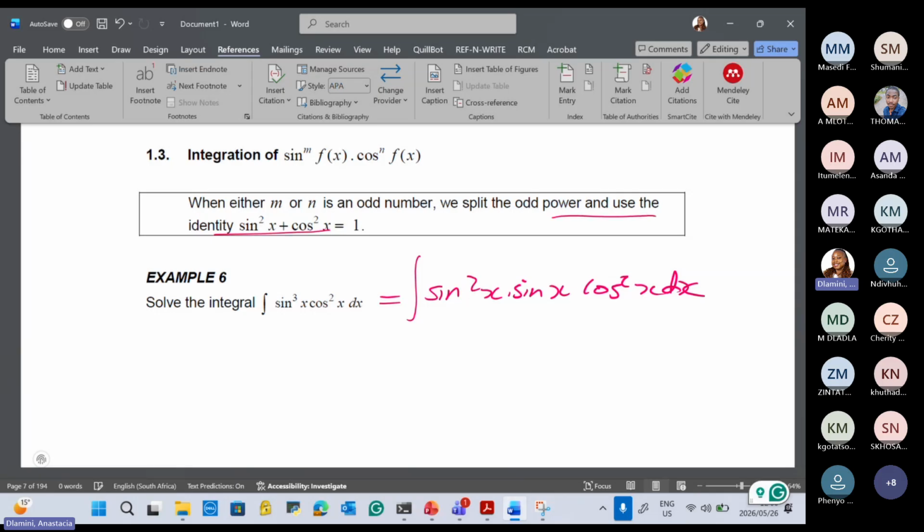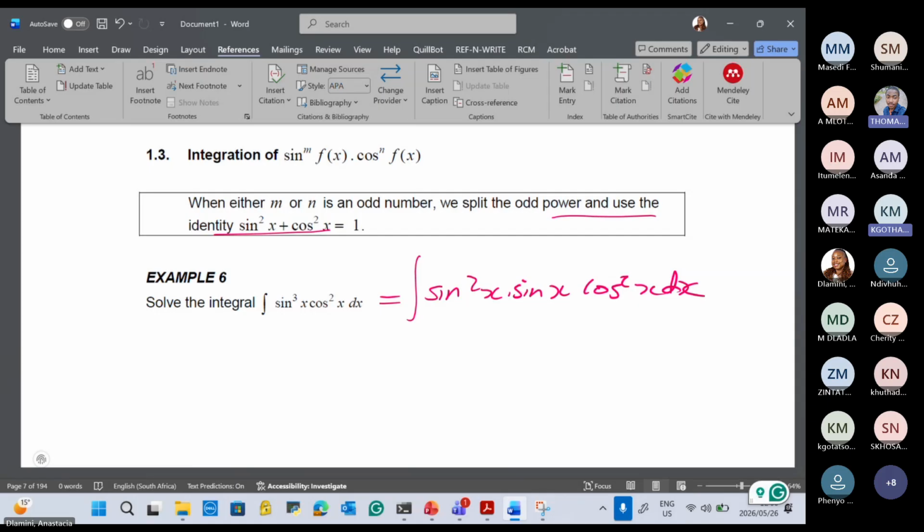Where do I use the identity? On the sine squared. Take the sine x out. Sine squared x plus cos squared x will be equal to 1. But did they say replace on the sine squared x?